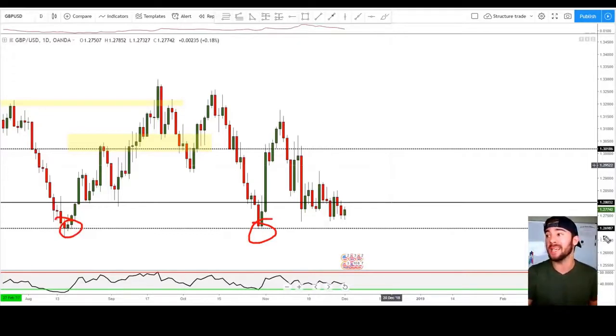Seemingly, we're going to hit 1.2698. If we do, for me personally, this is going to be a good place to look for some possible counter trend bounce up to the next major level of structure, being at 1.2803. So this is a possible area where I'll be looking to get a possible around 100 pip bounce out of this market for a counter trend play here on the pound dollar.